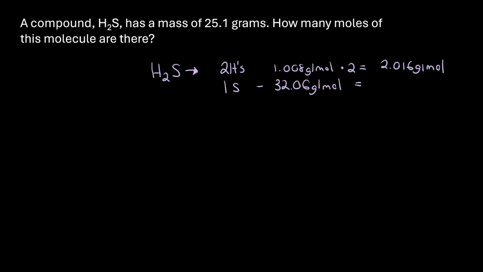And then we want to bring over our 32.06 grams per mole. Since these atoms are just bonded together, all the atomic weights will add up together to give you your molecular weight. So we're just going to add these 2 final values together in order to get our molecular weight.